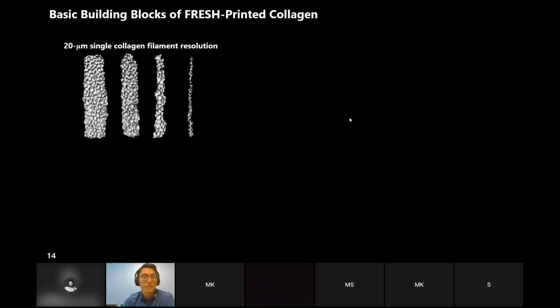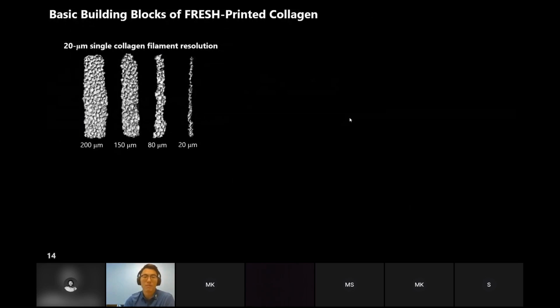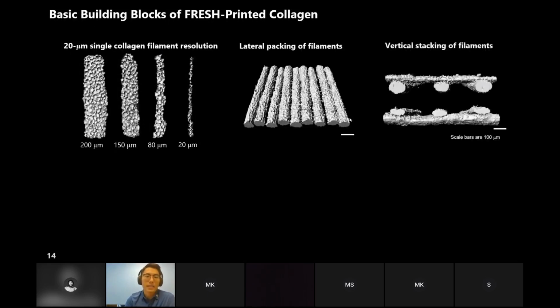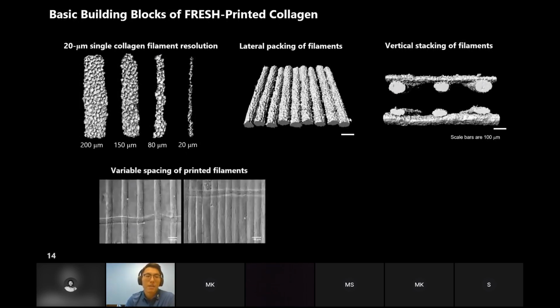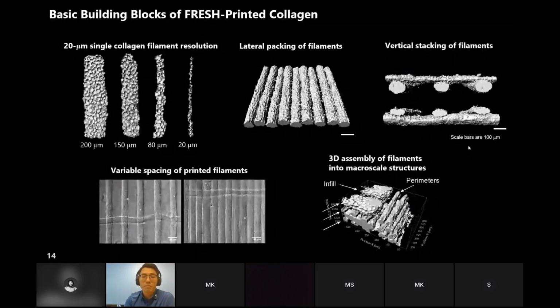So here we are printing collagen type 1 in different sized filaments. We start out with 200 all the way down to 20 micron filament diameters. We can very easily pack these filaments laterally, stack them, space them out, and then assemble them in 3 dimensions.